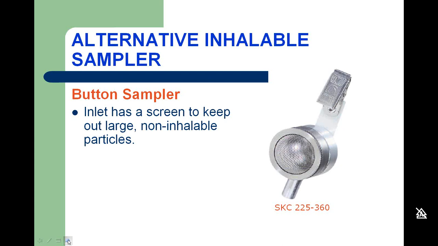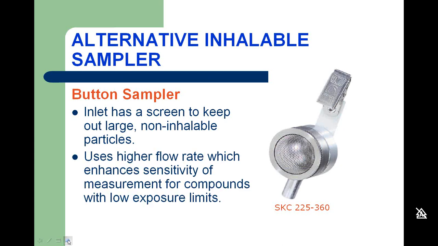First, the button sampler has a screen over the inlet to keep out non-inhalable particles that may become airborne during workplace activities. The button sampler also uses higher flow rates than the IOM, which helps in the measurement of compounds with very low exposure limits.